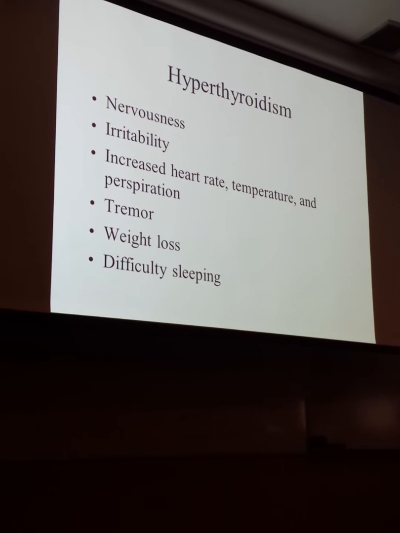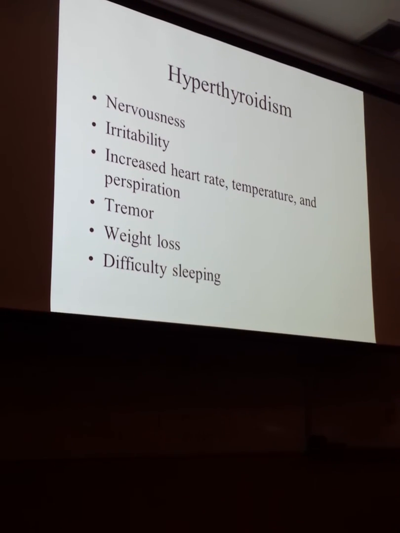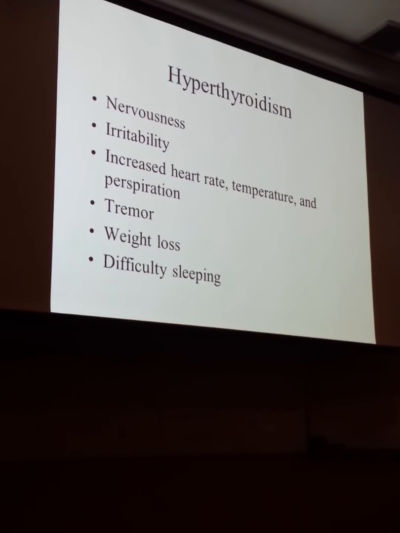Another very common disease is hyperthyroidism. You can be hyperthyroid, hypothyroid, or euthyroid, and they produce different kinds of symptoms. Remember, the thyroid regulates your basal metabolic rate, in all of your cells.